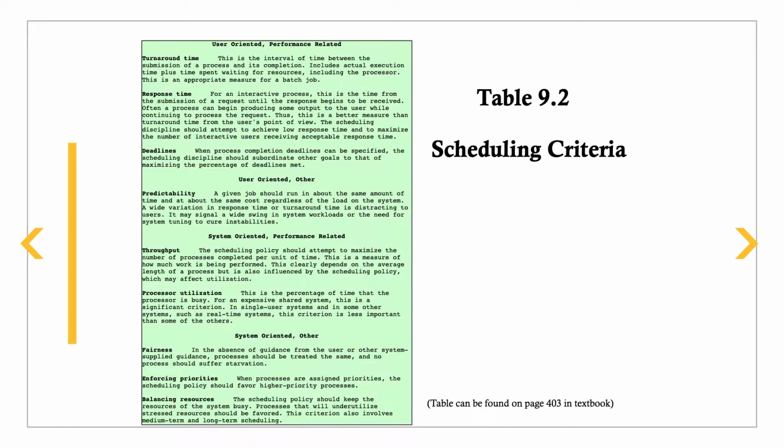Now, there's a table in your book, I believe it's on page 403, that talks about various scheduling criteria. So I want to call this out and make sure that you go take a look at that. This is table 9.2 in your operating systems book.